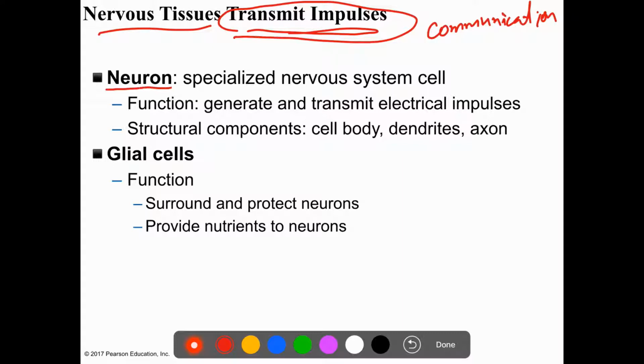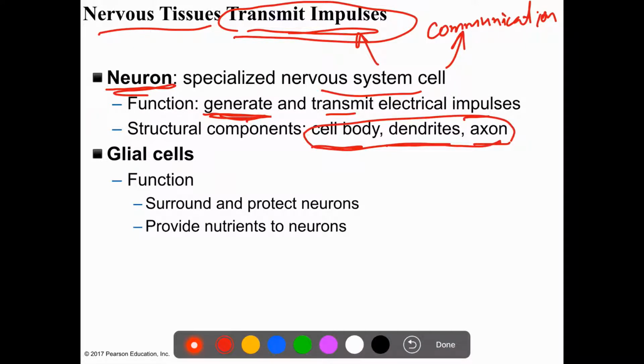We have the neurons, and these are specialized nervous system cells. Technically, they are responsible for the function of the nervous tissue, which is transmitting impulses or communication. They are responsible for generating these impulses and of course transmitting them. And they have their cell bodies, the dendrites, and their axons. We are going to study them.